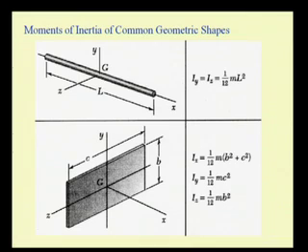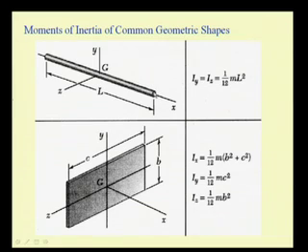So, let us see some common geometric shapes, like here we see a shaft element or a rod element. The second moment of this element with respect to the y axis and the z axis is the same, and it is equal to 1/12 of mass times length square.